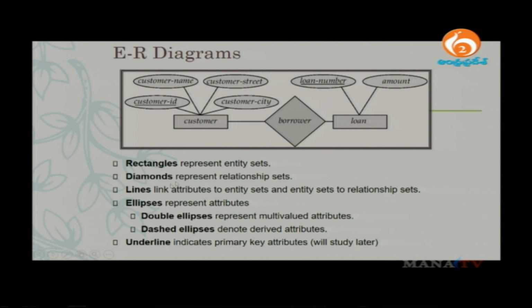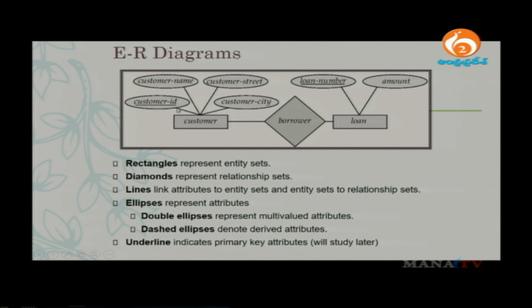Here, the straight lines represent the sets of relations, and something has been written in ellipse format. Please see that. These are called attributes, and these attributes are again divided into different parts. Right now, I do not have anything represented in double or dashed format. But something is represented here with an underline sign.